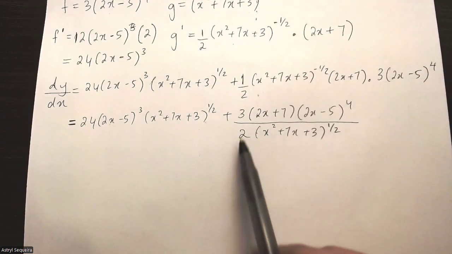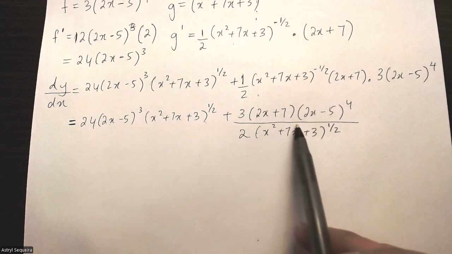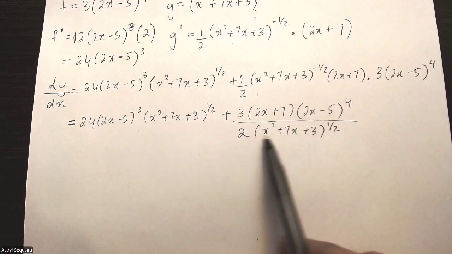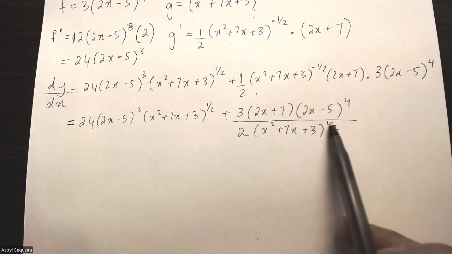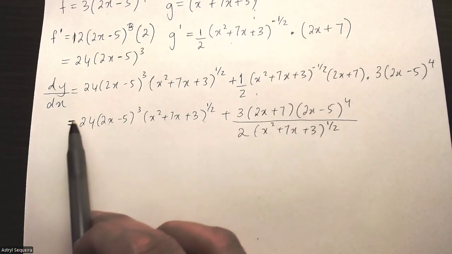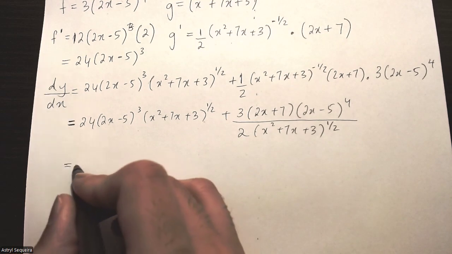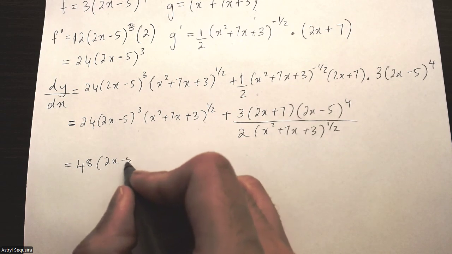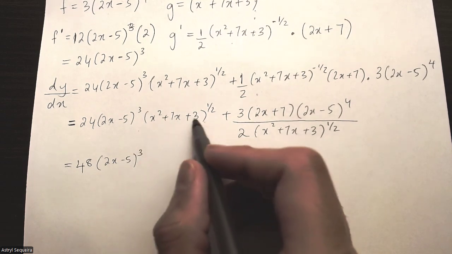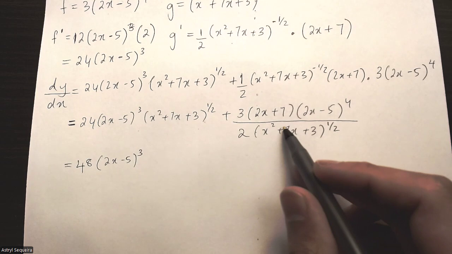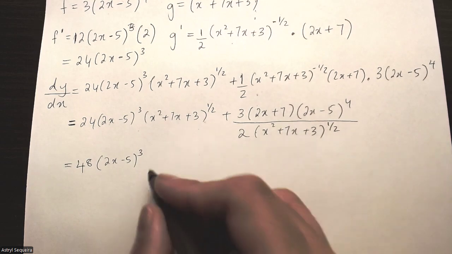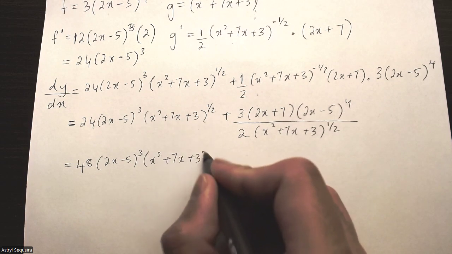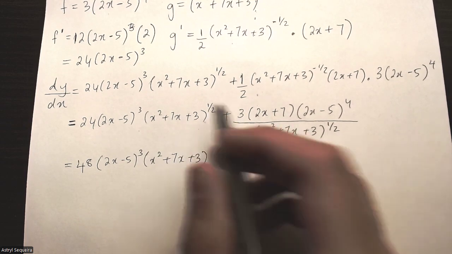Now, next thing I have to do is make a common denominator for these two terms. So I'm going to multiply the top and bottom over here by 2 times x squared plus 7x plus 3 to the power of half. So 2 times 24 is 48. This bracket is not going to change at all. If I do x squared plus 7x plus 3 to the power of half times x squared plus 7x plus 3 to the power of half, I'll just get x squared plus 7x plus 3 to the power of 1 because I'm adding the exponents.